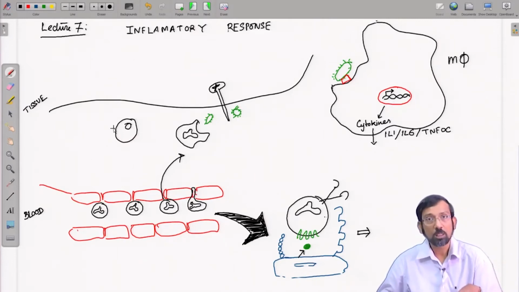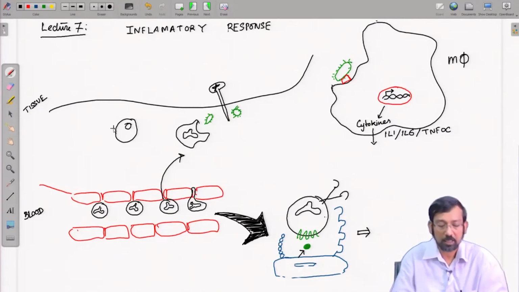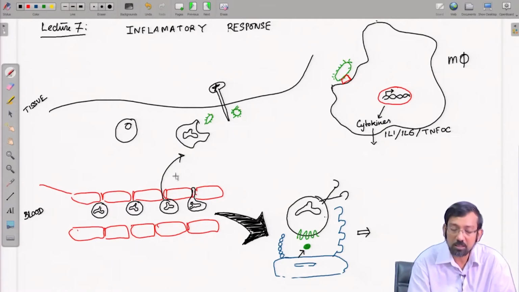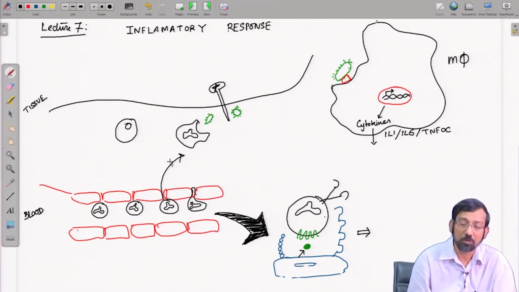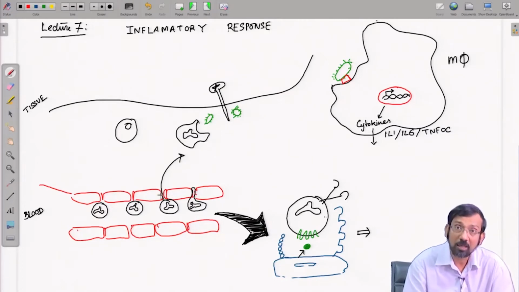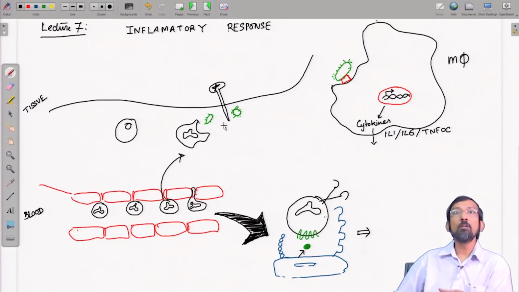Now the question is, in response to this, how do these neutrophils and the other cells of the immune system, but primarily the neutrophils, migrate to this site of action and mediate the inflammatory response?